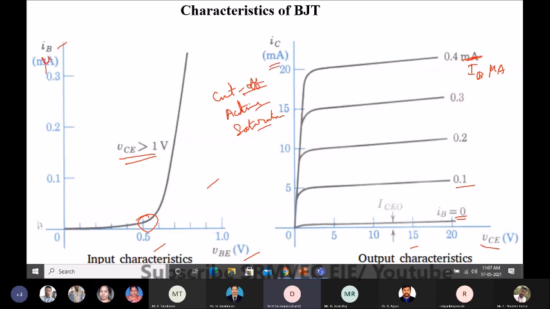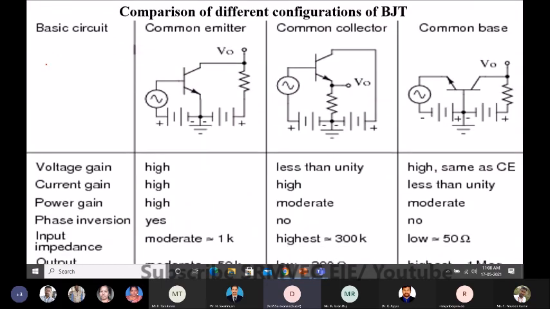Depending upon the transistor, which company you get it from, it differs. So usually the input current is in microamps and the output will be in milliamps.